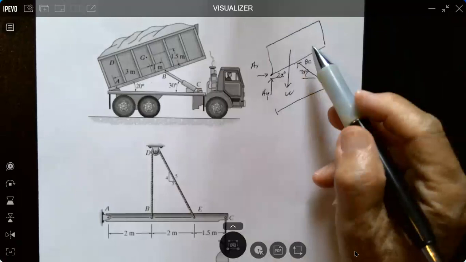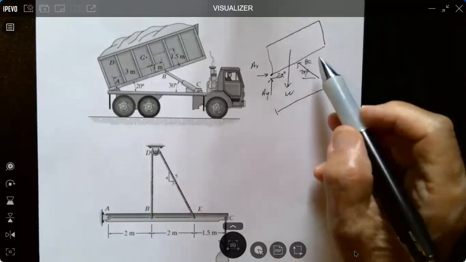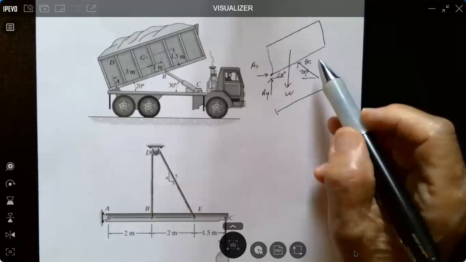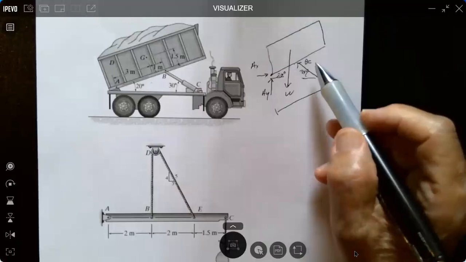So it's 3 meters and 4 meters. 1.5 there.